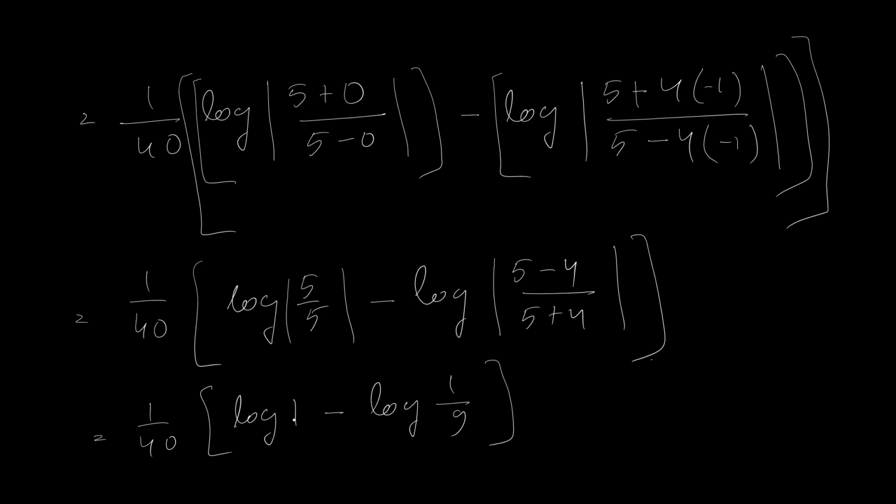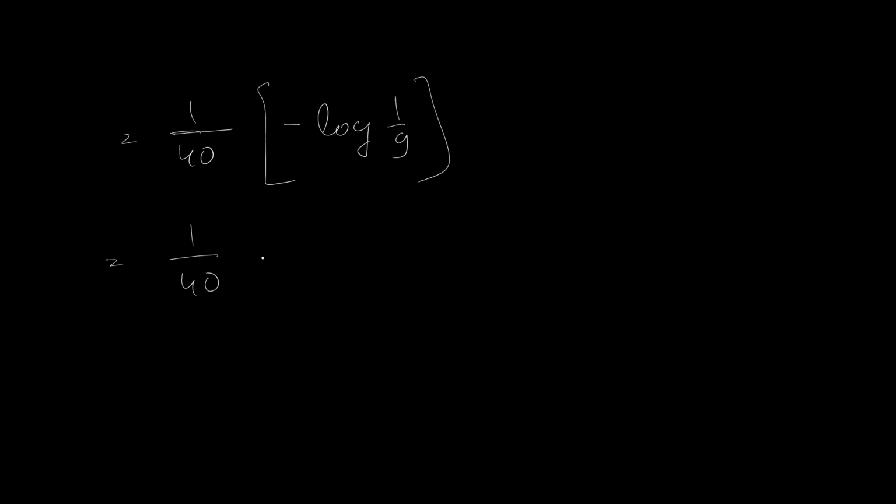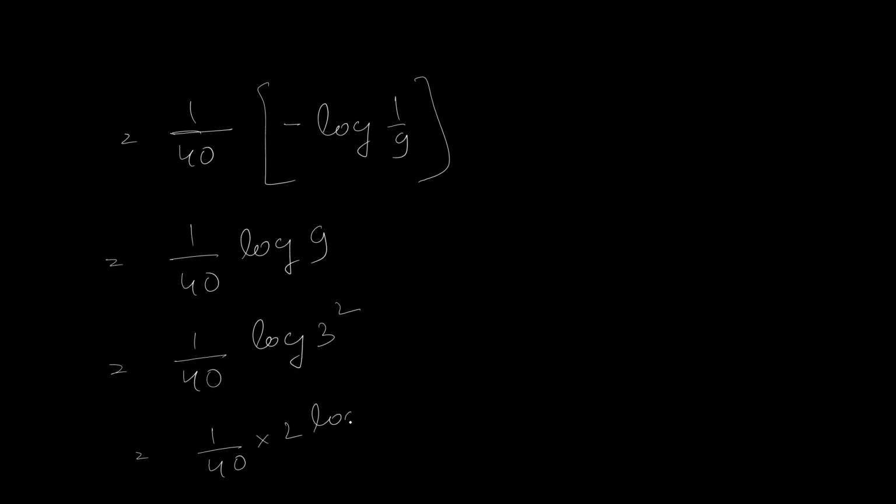Log 1 is 0, so I will get 1 by 40 times minus log 1 by 9. Now by the log property, this minus becomes positive, so it is log 9. 1 by 40 log 9, I can write 9 as 3 square, so it becomes 2 log 3.